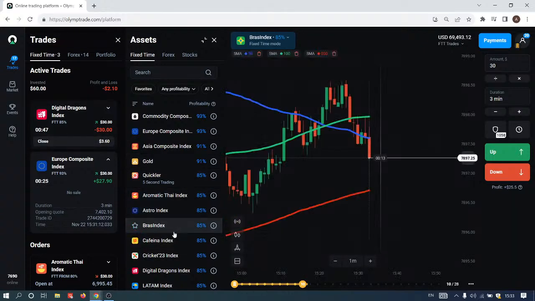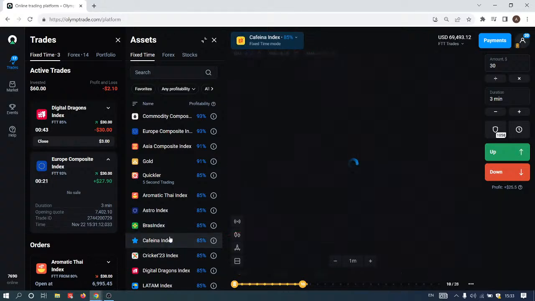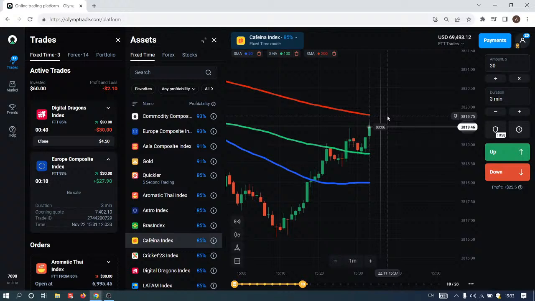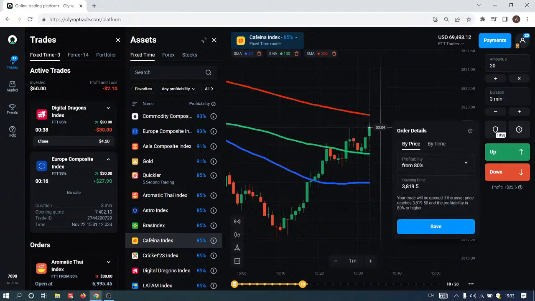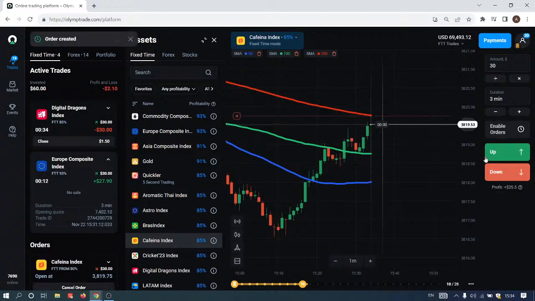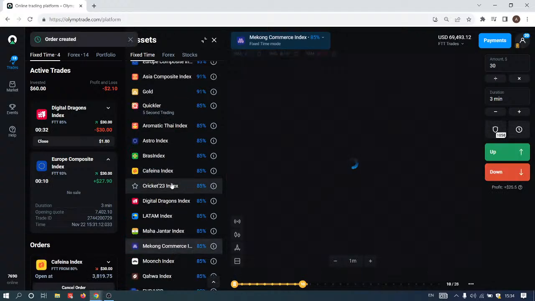So is this strategy profitable? That is the only merit that can tell you whether this or that strategy is good or not.